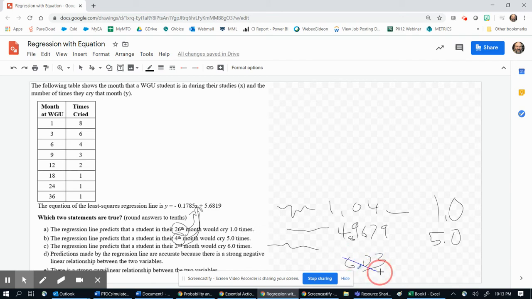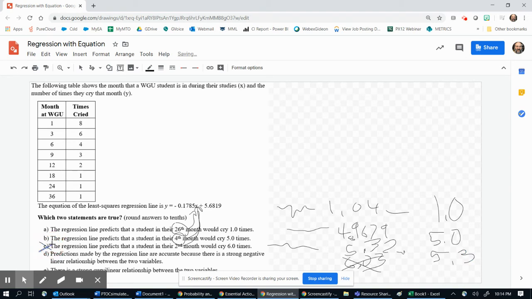But that's if your finger slips. If your finger does not slip, you'll get 5.32 and so on. And that rounds to 5.3. So this one is false.